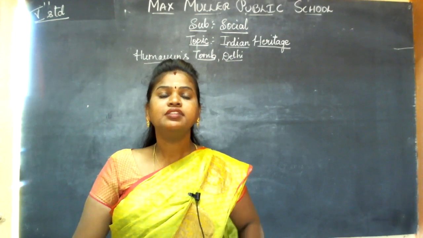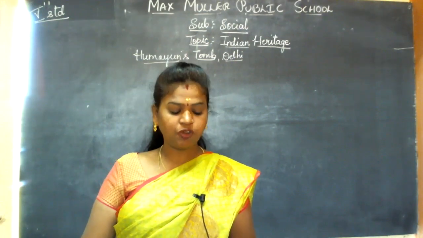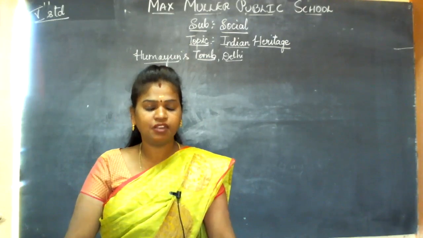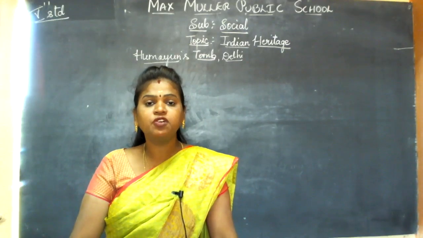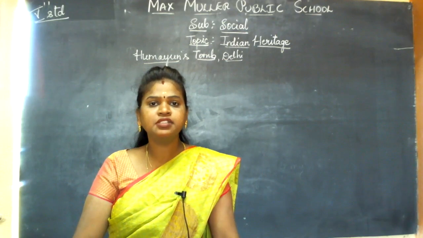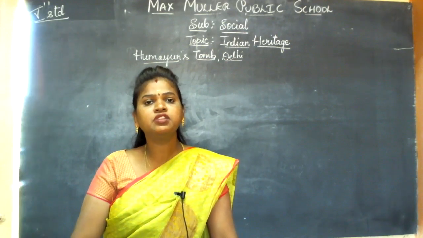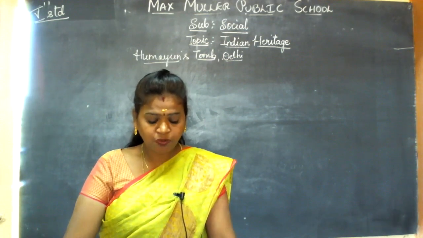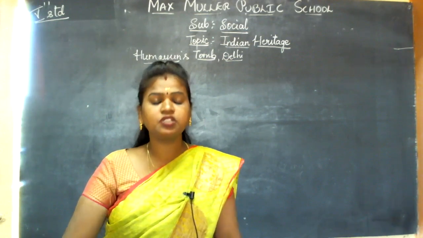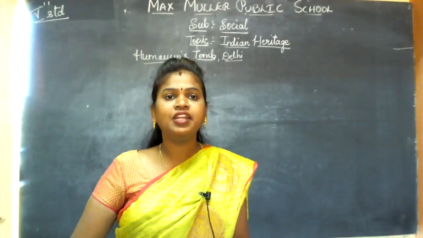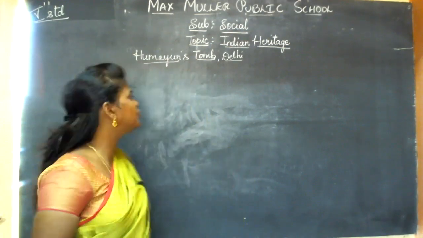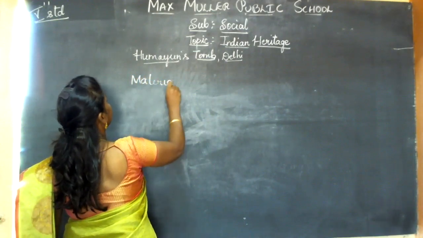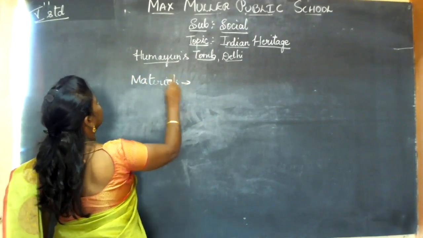So now the next cultural heritage, or the other monument which we are going to learn, is Humayun's tomb. And Humayun's tomb is situated again in Delhi, in New Delhi. What materials were used to build Humayun's tomb?